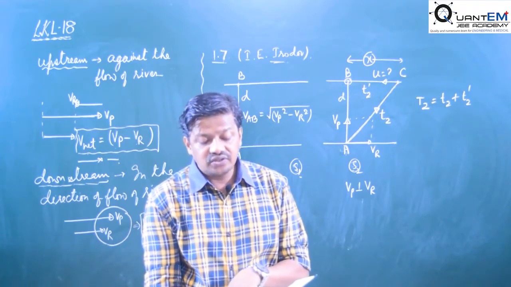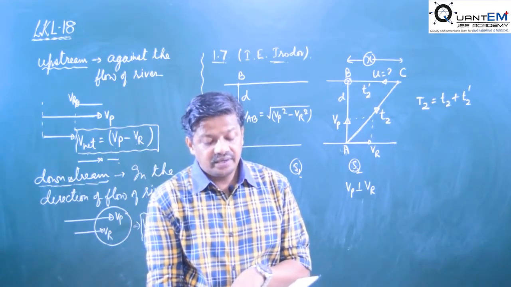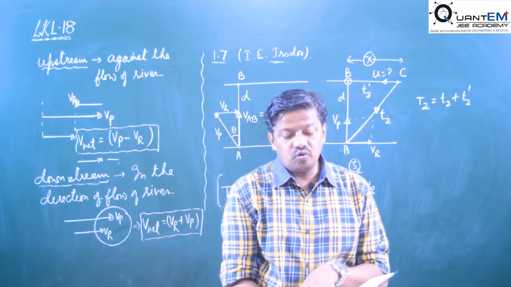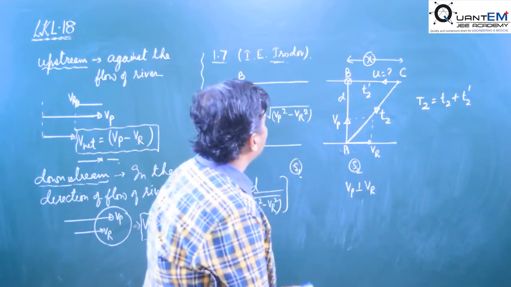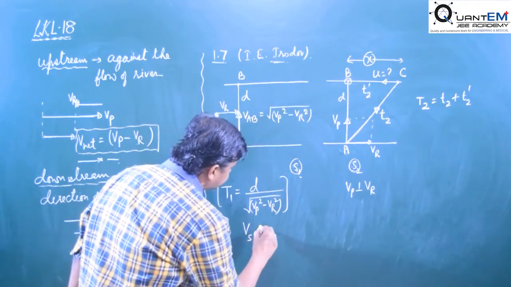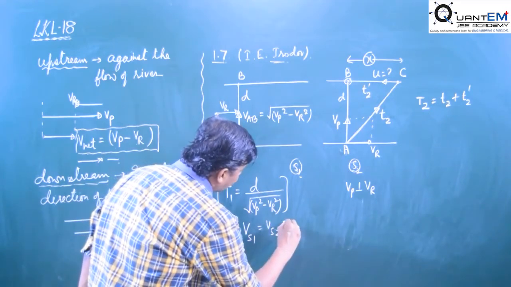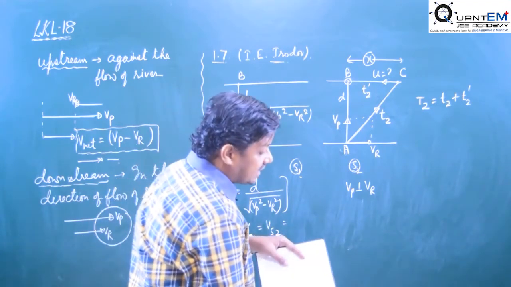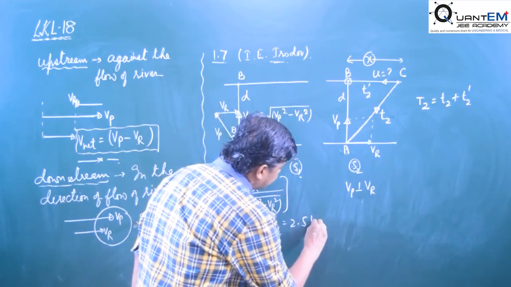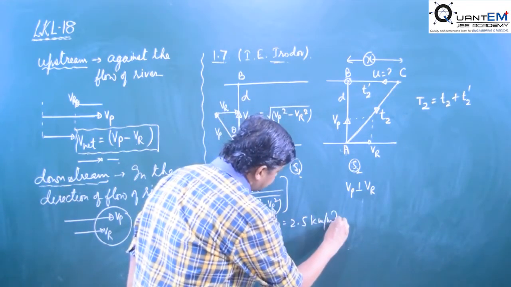The stream velocity is 2 km per hour and the velocity of each swimmer with respect to water is given as 2.5 km per hour. We have the velocity of each swimmer, vs1 is equal to vs2, given as 2.5 km per hour with respect to the river.